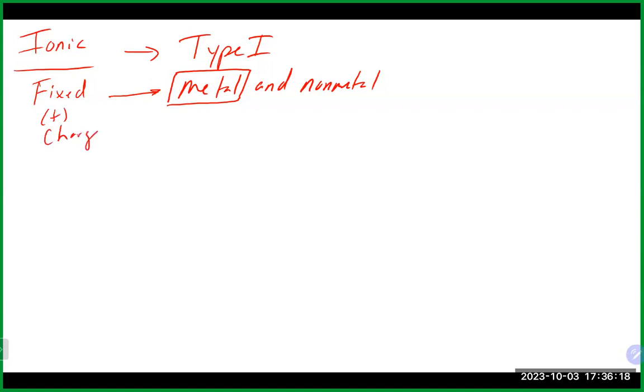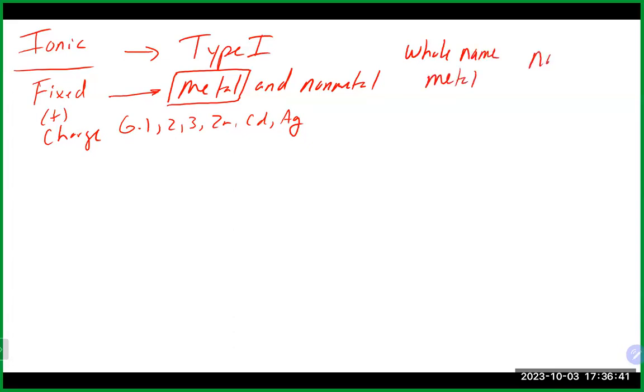And that's pretty much your group 1, 2, 3, your zinc, cadmium, or silver there. And because they do have a fixed positive charge, we don't have to worry about anything other than basically naming it. And we use the whole name of the metal.